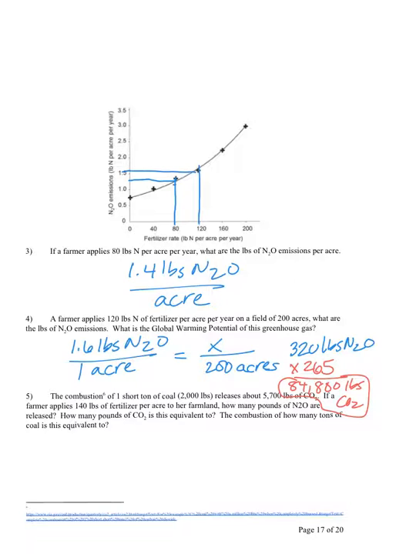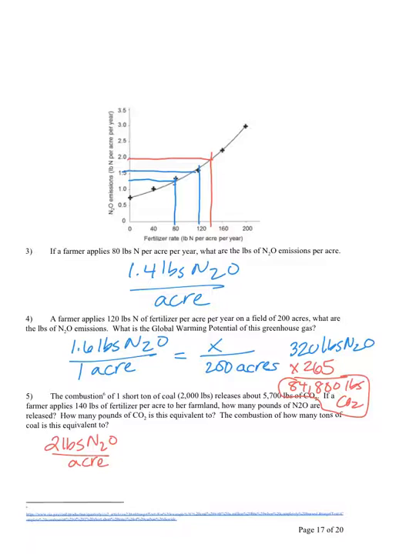So my first thing is to go ahead and I'm going to start with 140 pounds of fertilizer. So I go 140, go up to my graph. When I come across here, looks like it's about 2. So I'm going to say it's 2 pounds of N2O emissions per acre.